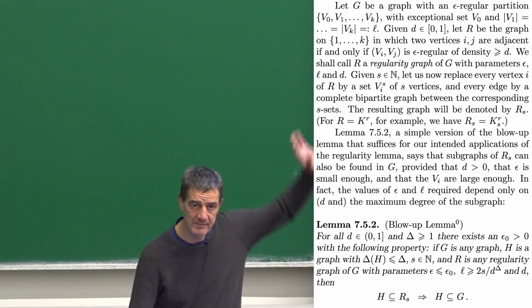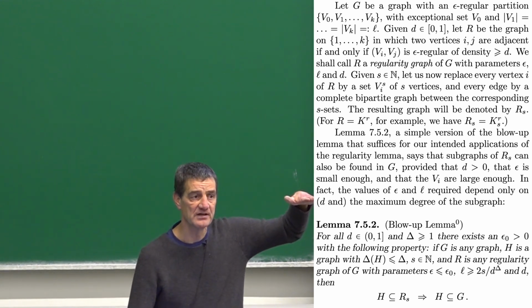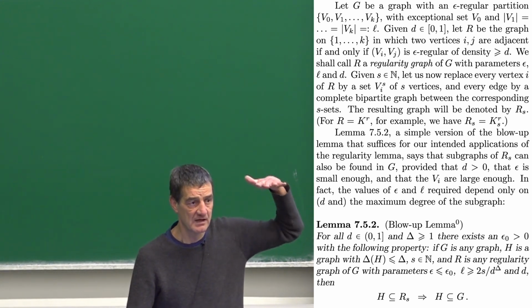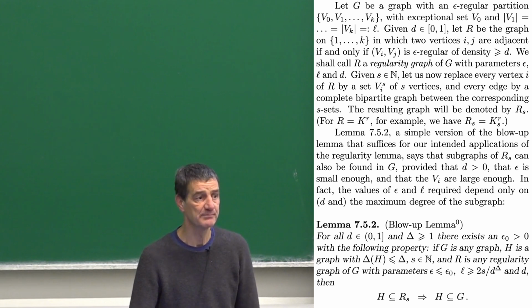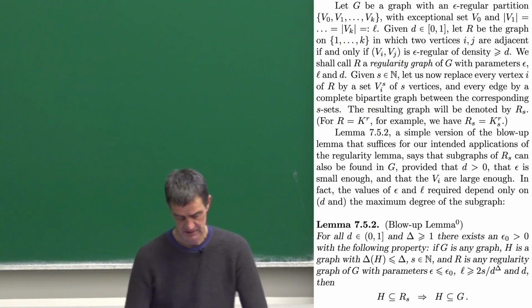Right? This lemma works only for graphs H which have their maximum degree bounded by a big delta that we have to input into this Blowup Lemma at the start.